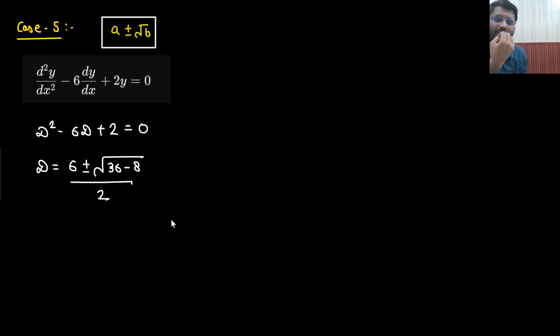Here 3 plus minus... what I am getting, b square minus 4ac, 36 minus 8, 28, under root 28.